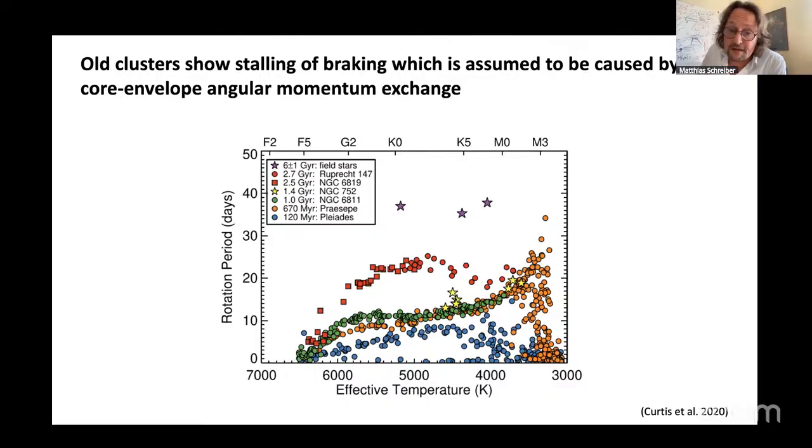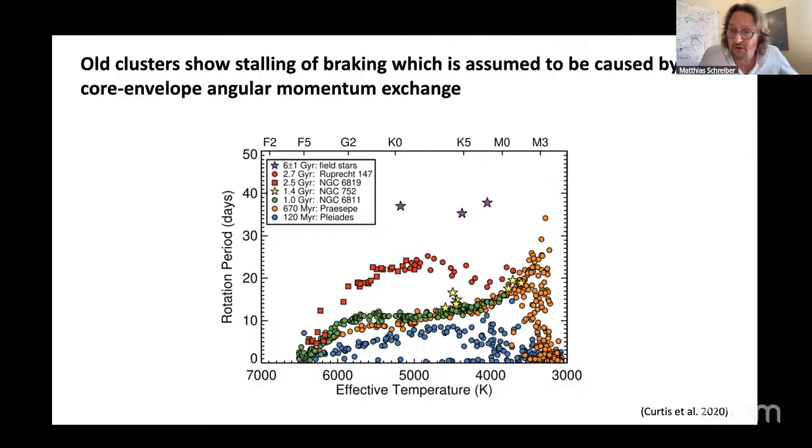And this is the idea explaining this so-called stalling of magnetic braking at these ages. So it's an interaction between the radiative core and the convective envelope that do not necessarily rotate with the same velocity. And in single stars, the core is assumed to rotate faster, because only the envelope is feeling the magnetic braking.